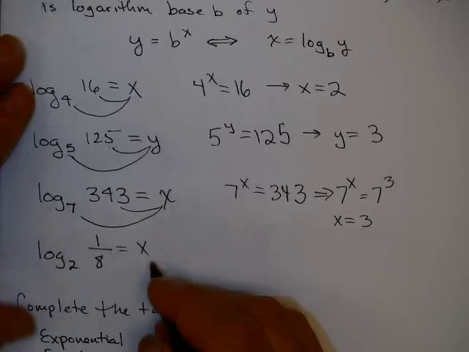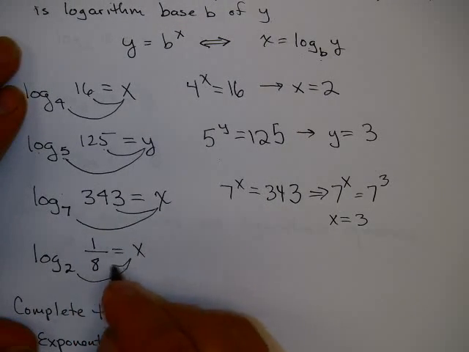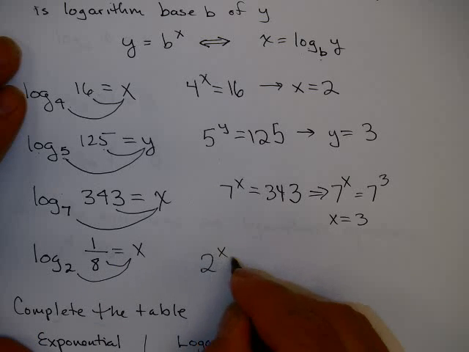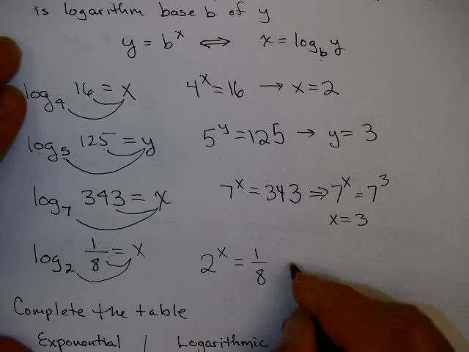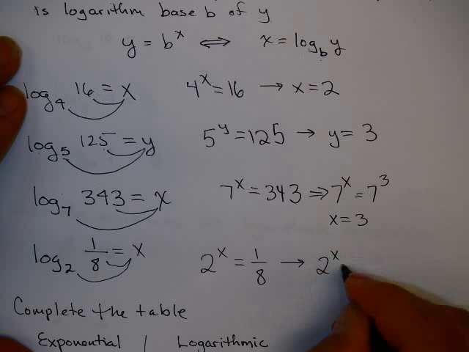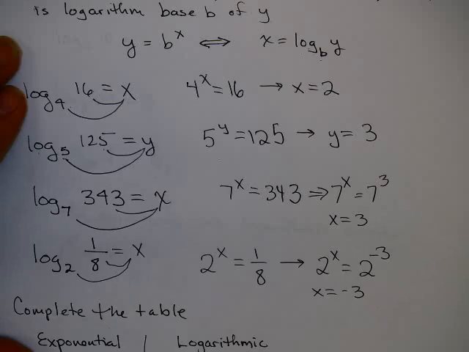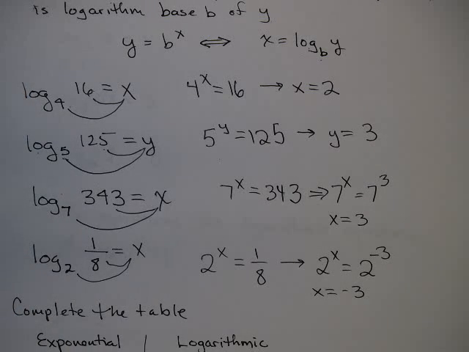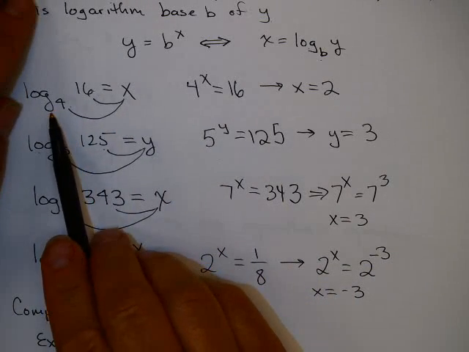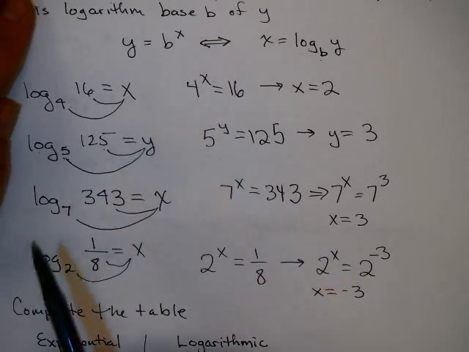How about this one? 2 to the x equals 1/8. So hopefully that tells you that 2 to the x equals 2 to the minus 3, so x equals minus 3. So we really want you to be comfortable with this relationship between the logarithmic function and the exponential function.